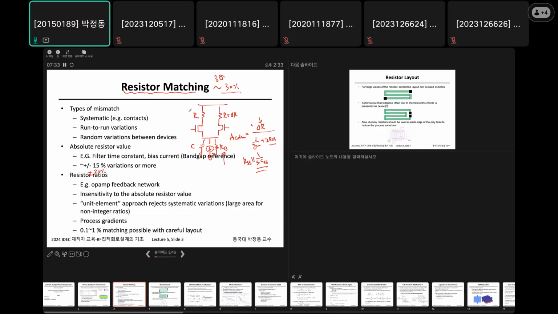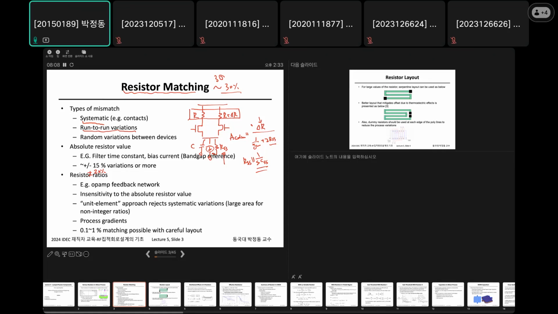That's why we try to avoid resistors as the direct load. But sometimes we need them, right? So there are several types of mismatches. One is systematic mismatch. For example, the contact may cause mismatch. Also run-to-run variation due to the process variation. And also there exists a random variation because human beings are making those, right?